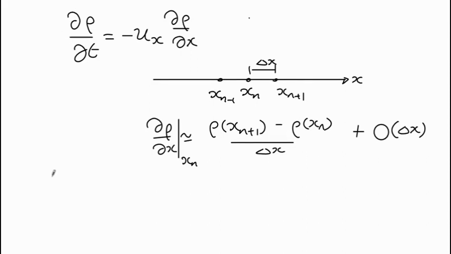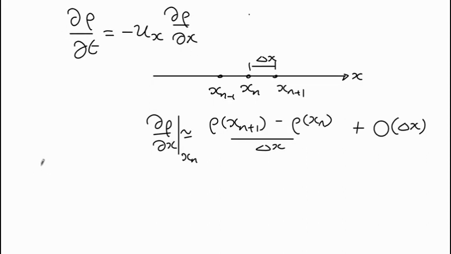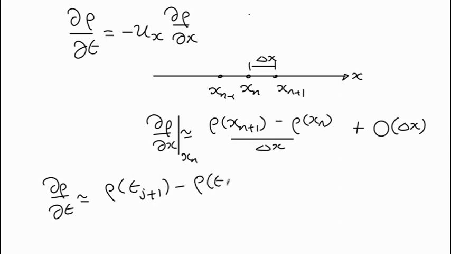And I'm going to start with the simplest method, which is the first order method, so the same scheme as this. So we write that d rho by dt is again approximately rho at t, I'm going to call the time index j. So space index n, time index j, so it's j plus 1, minus rho at tj.